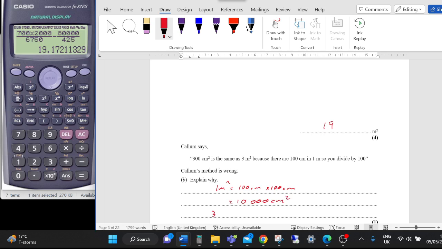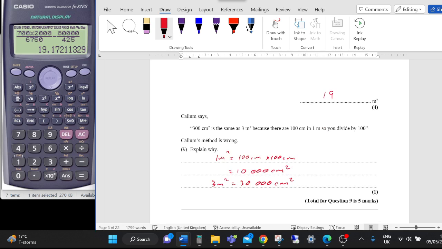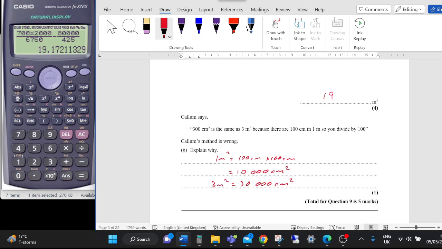So 3 meters squared would be equal to 30,000 centimeters squared. So Callum's method is wrong. Explain why. That's really my explanation. But if I'm going to go for an explanation, I would say 3 meters squared would be equal to 30,000 centimeters squared.